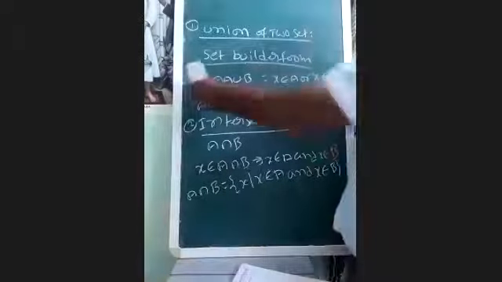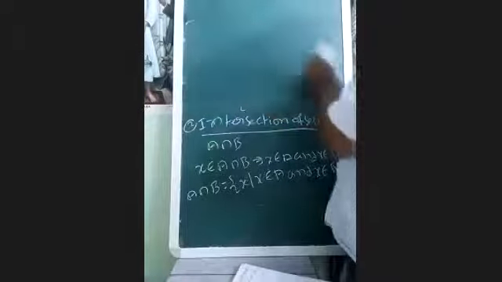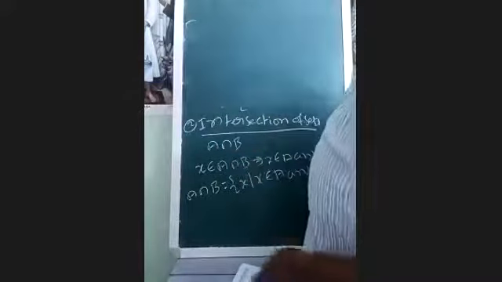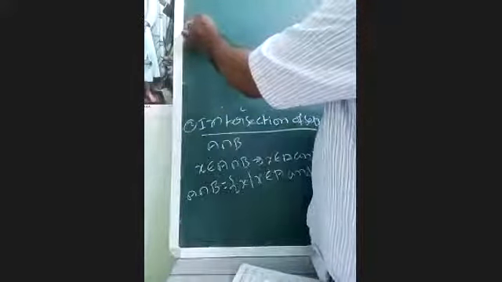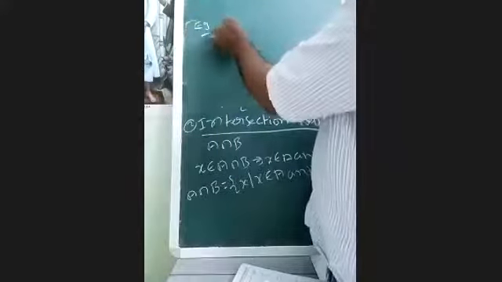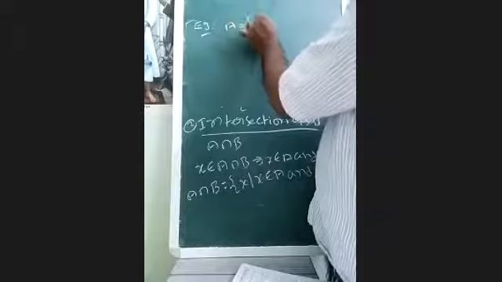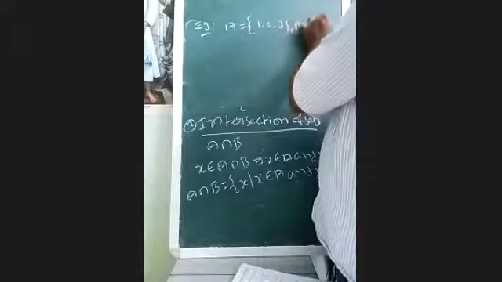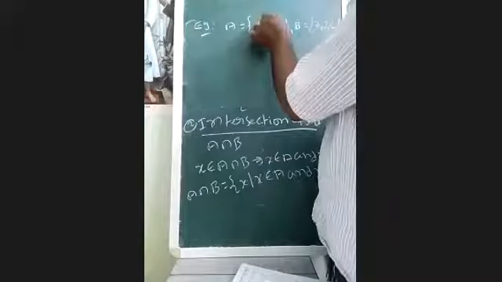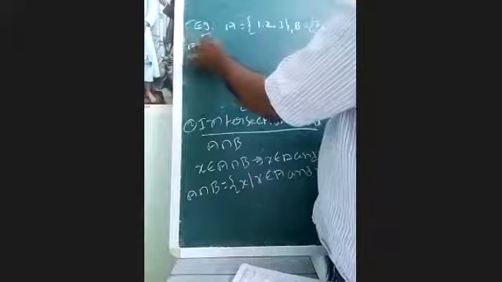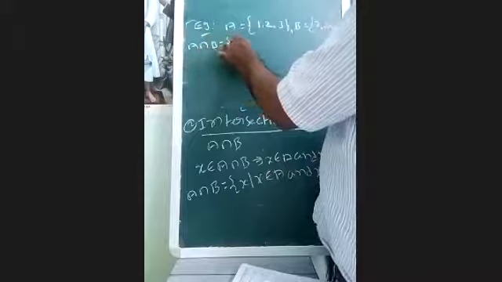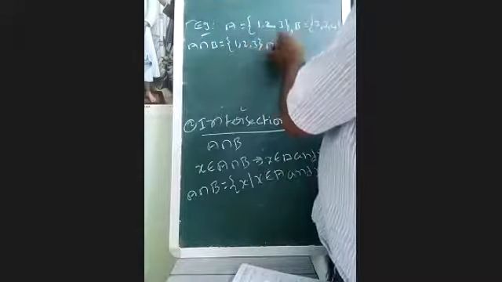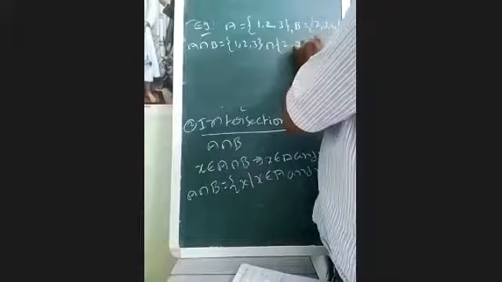For example, what is the meaning of the intersection? You have to take common elements. Set A is equal to {1, 2, 3}. Set B is equal to {2, 3, 4}. A intersection B: set of 1, 2, 3 intersection set of 2, 3, 4.